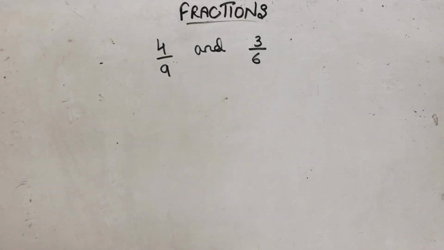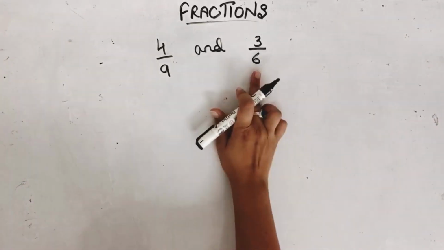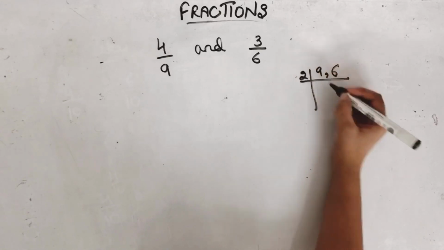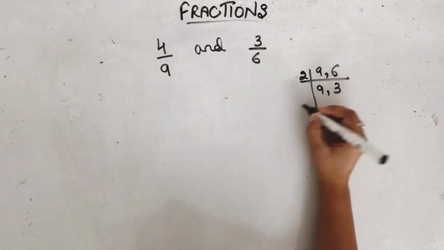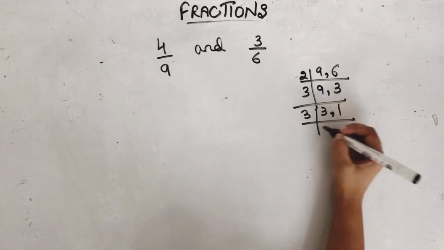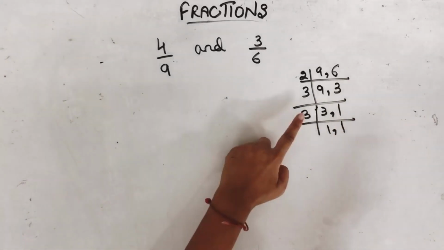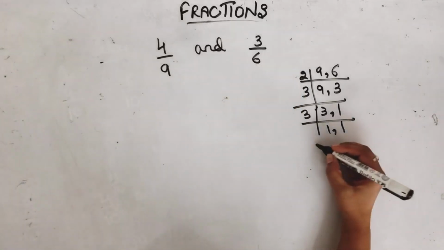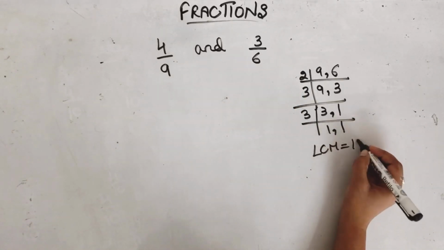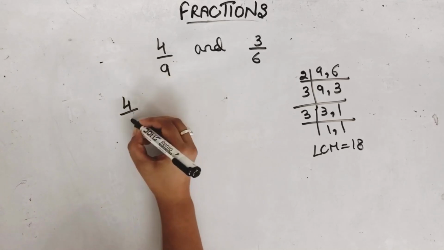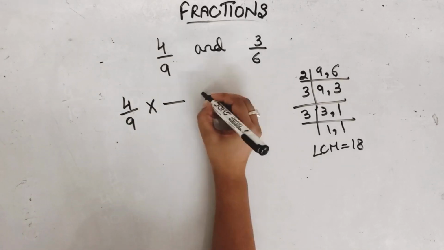You can take out the LCM of both the denominators. LCM of 9 and 6: start from 2, 3, 1, 3, 1. So it will be 3 3s are 9, 9 2s are 18. So LCM is 18.